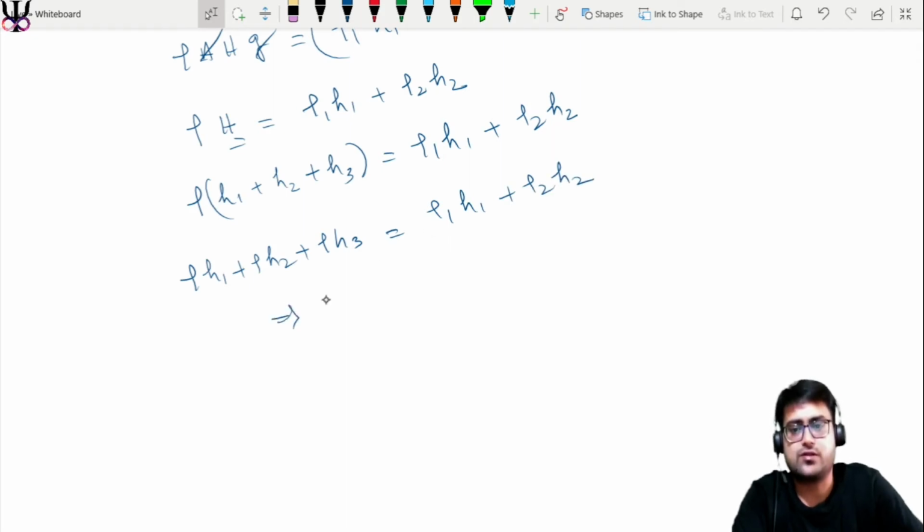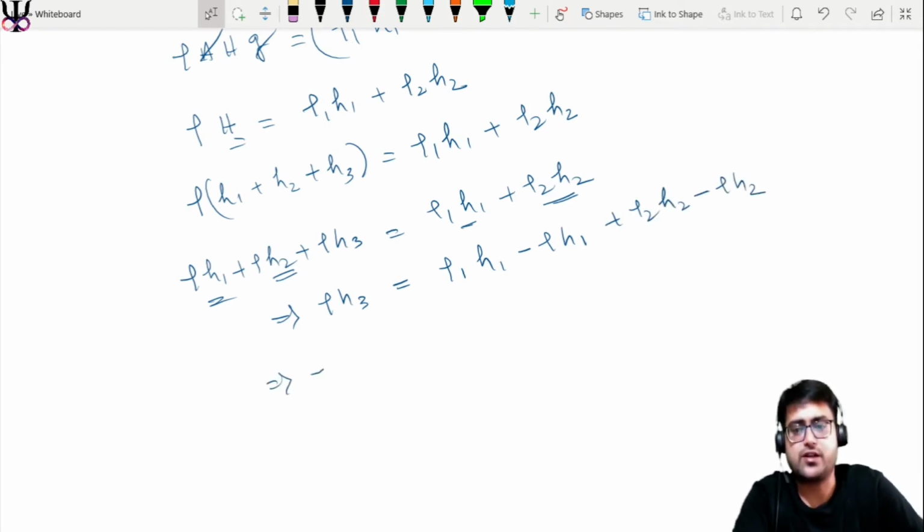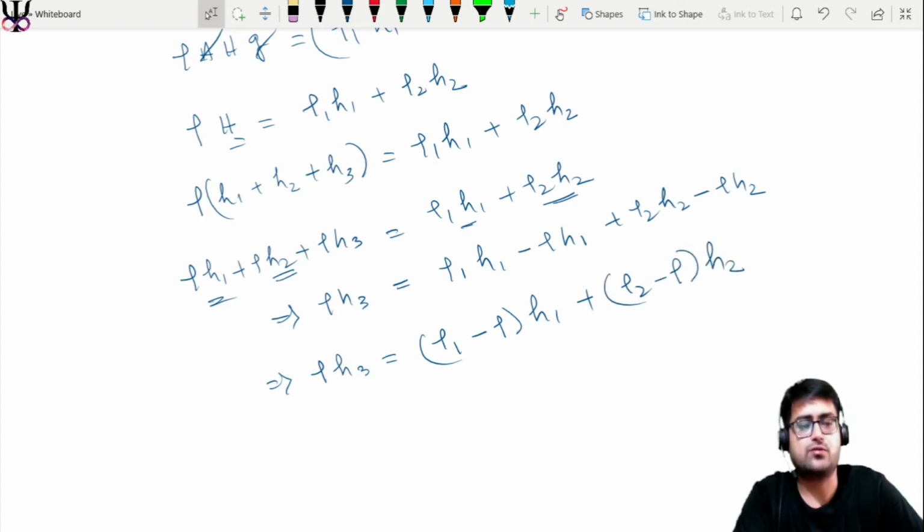Just keep rho H3 on one side to avoid controversies, and then rho 1 H1 minus rho H1, and then rho 2 H2 minus rho H2. So you can write it as rho H3 is (rho 1 minus rho) times H1 plus (rho 2 minus rho) times H2.